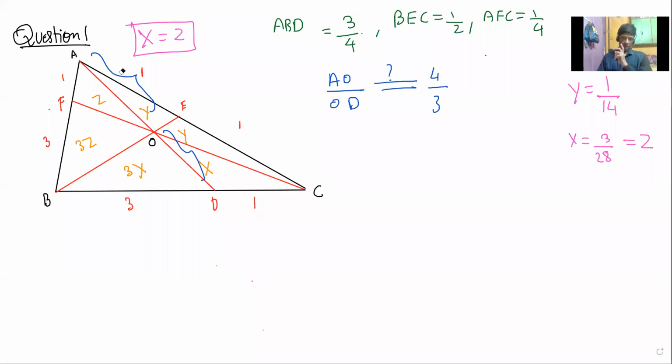Wonderful. So we have found this AO by OD, and you would remember that in some of the problems we had to find such ratios, and we found it by a nice but very tedious way. We drew some parallel lines and so on. But this seems to tell us a better way.